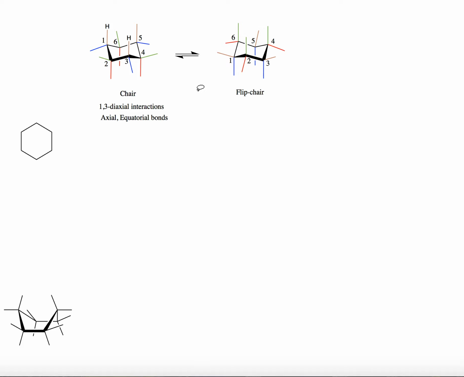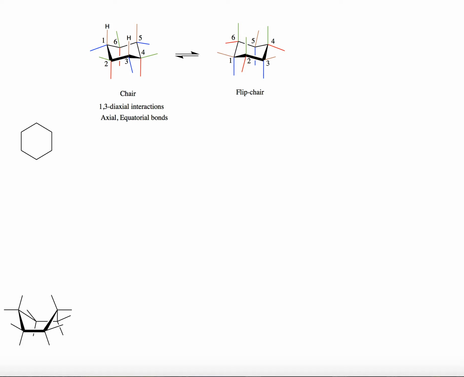So I want you guys to look into what happened to carbon 1. When we bring this down here, the blue, which is the equatorial bond in the chair, is going now to axial in the flip chair. The brown, axial bond in the chair, now becomes equatorial in the flip chair. And that happens to pretty much every bond here.